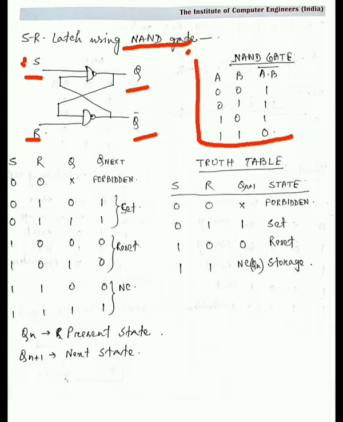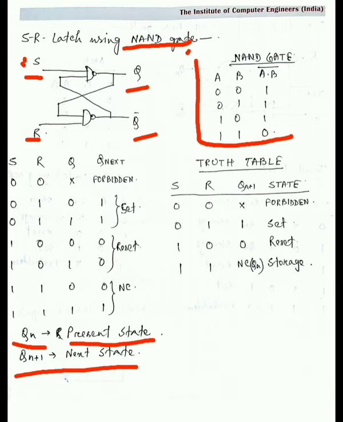Now for our convention, remember one thing. Here we use two notations. One is Qn, which denotes the present state, and Qn plus 1, the next state. What does it mean, present state and next state? Present state means, you all know that a flip-flop stores one bit of information.